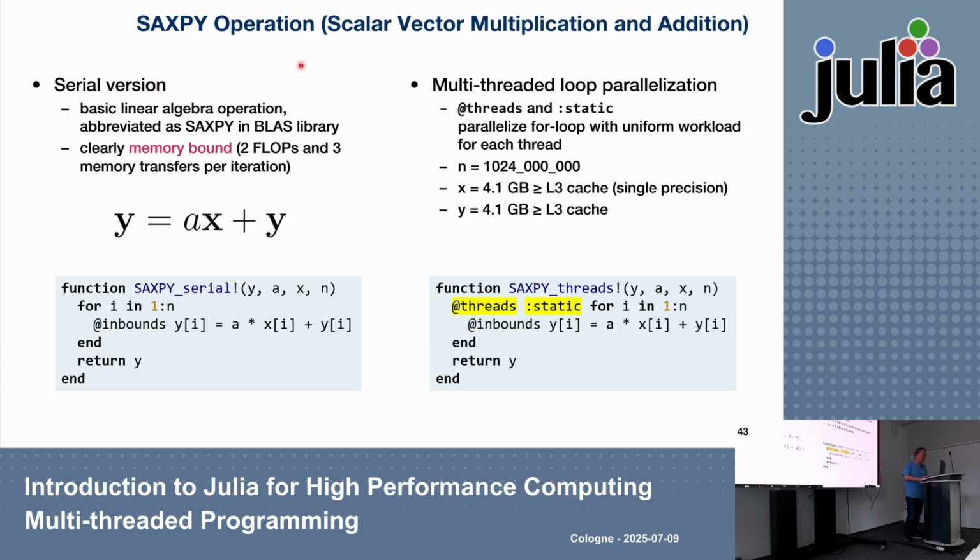So a SAXPY operation is a scalar vector multiplication and addition. The mathematical operation is very simple. Just the result vector y is a scalar, that is why here is S, scalar multiply x, the input vector, and then plus the y vector itself, and then to generate the result vector y.